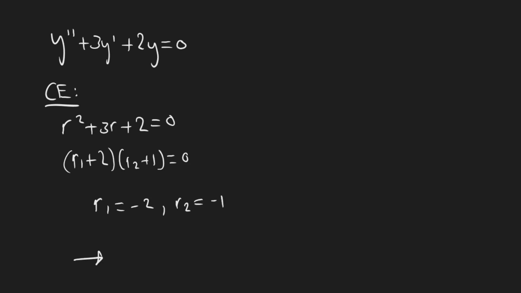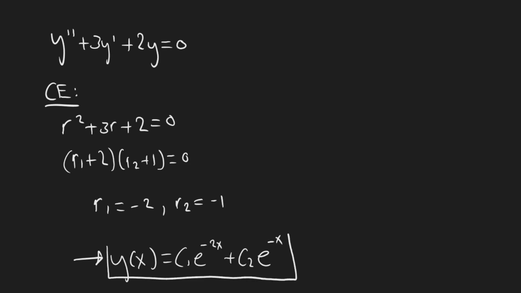And then we can plug this into our formula. y of x equals c1 e to the r1x, so -2x, plus c2 e to the r2x, in this case -1 times x, or you could just write -x to be a little bit cleaner. And so that's going to be the final answer here.